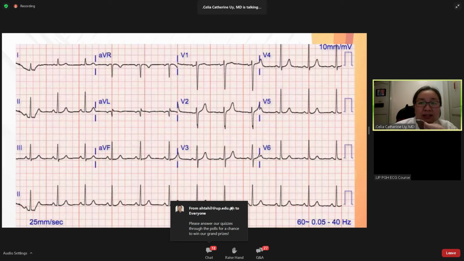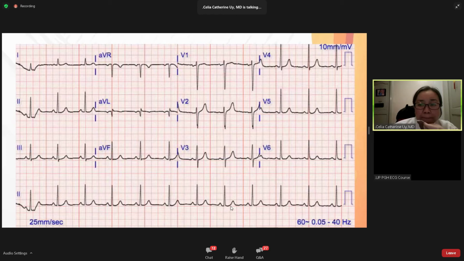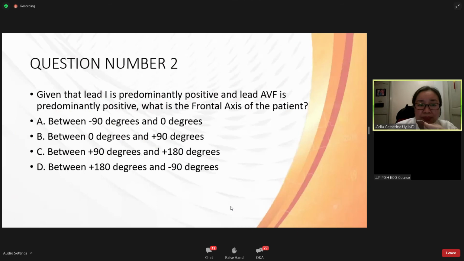So again, soak up this ECG first, and I'll show you the question momentarily. Don't worry, these are very easy questions. So I'll give you the second question for the first ECG challenge quiz. Given that lead 1 is predominantly positive and lead aVF is predominantly positive, what is the frontal axis of the patient?